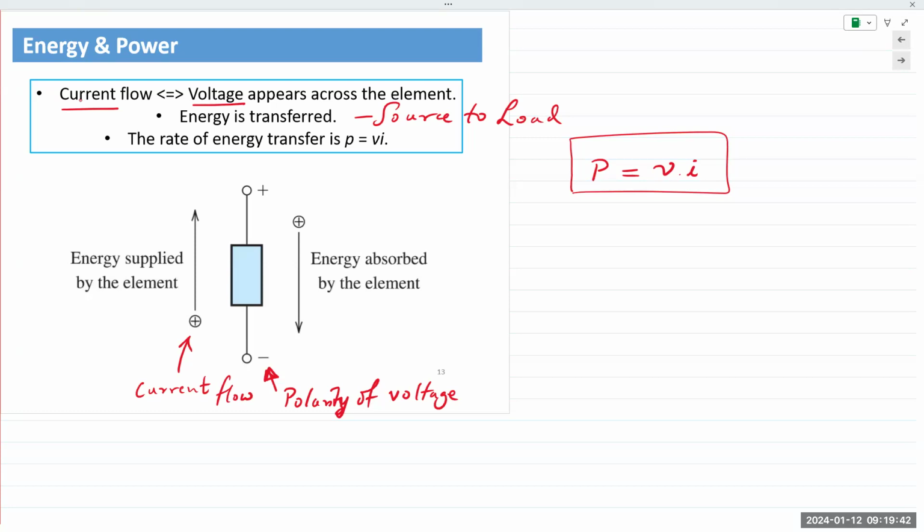But for us to balance out our equations, we say that anything that supplies power or anything that supplies energy is negative, because it is losing, right? It is supplying energy, it is supplying power. So it's kind of like losing energy. And so we put a negative sign in front of it. But in real life, it's not a negative, right?